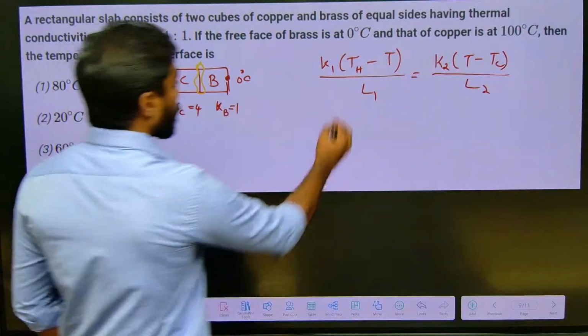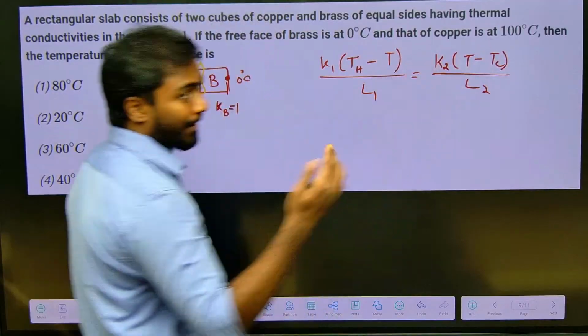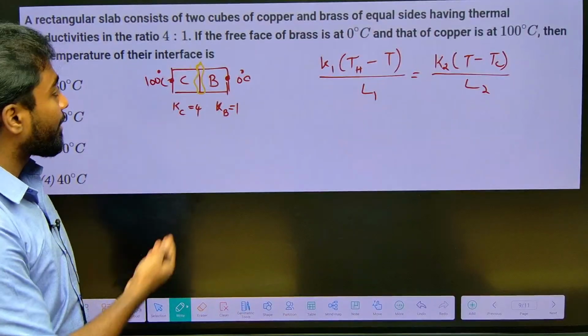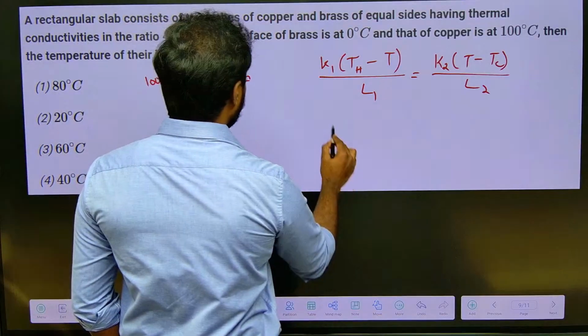But the areas are the same for the given blocks and the lengths are also the same.